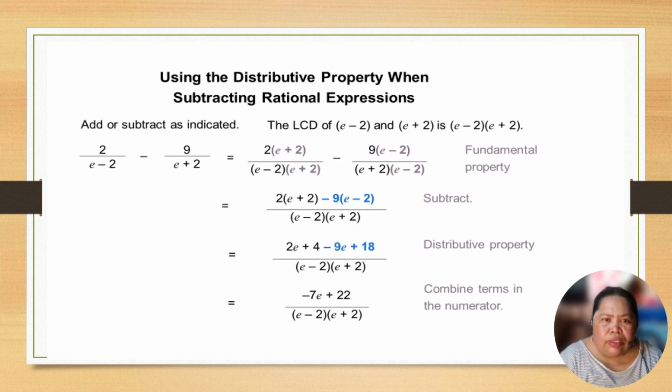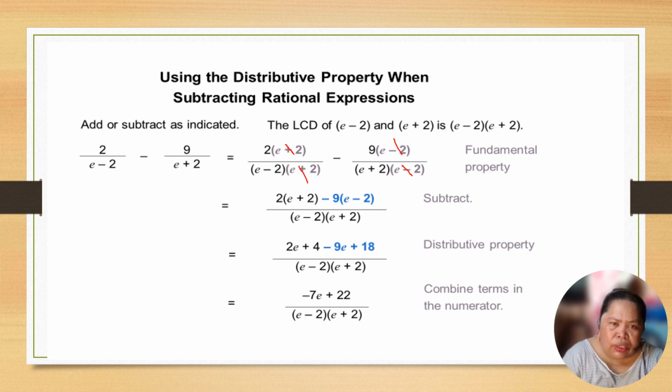Okay, next, we have another one, subtract as indicated. The LCD is a minus 2 times a plus 2. Then we have the numerators, so a plus 2 and so on, using the fundamental property.